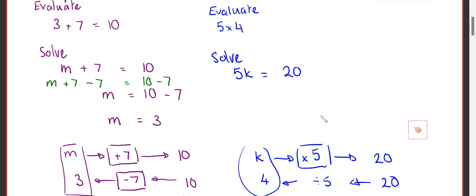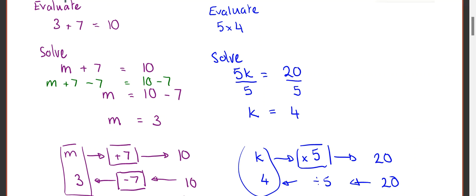So how do I write it in this way instead? I would do the same to both sides. I would undo the times by 5 by dividing it by 5. That would give me k equals, and if this side is divided by 5, so is the answer. So 20 divided by 5 is 4. Written that down? I'll pause.